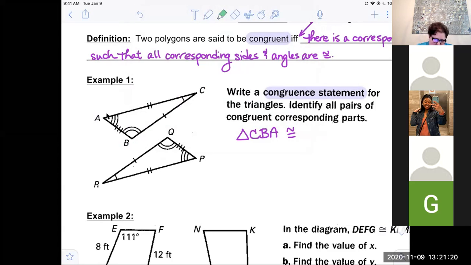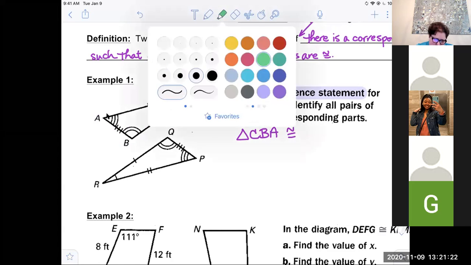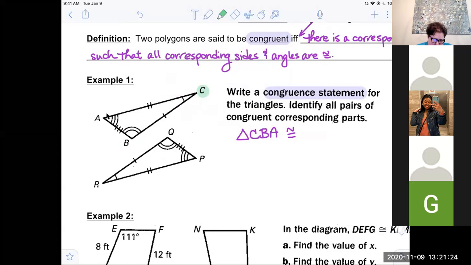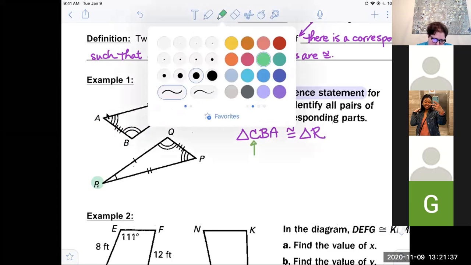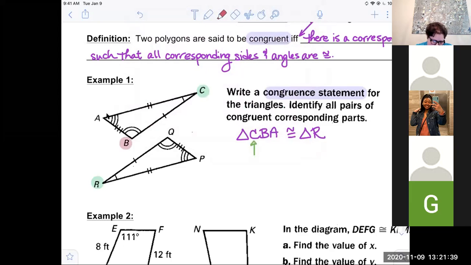I'm going to highlight these. C matches with R, right? That means wherever C is in the name has to match with vertex R. So triangle R, and then B is 2 marks, matched with Q. So that means Q should be in the second spot.